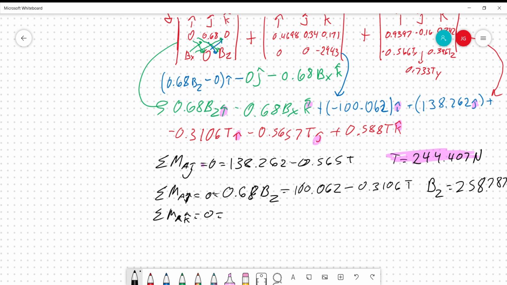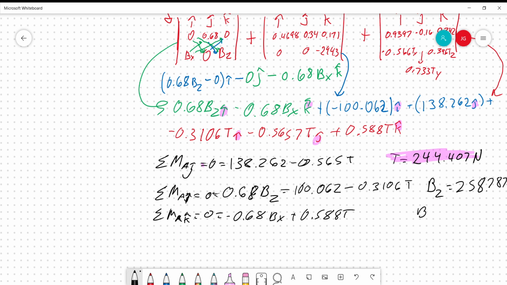Alright, and then K, you got the negative 0.68 BX, right? And then we got just one more, plus 0.588 T, right?